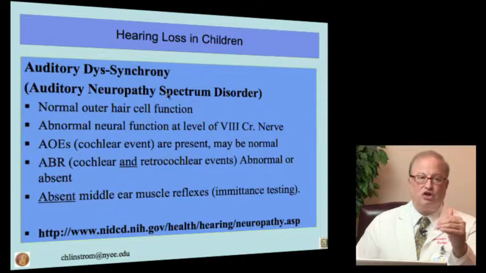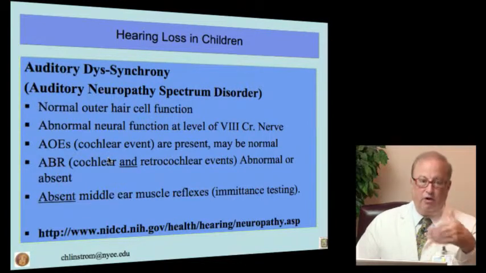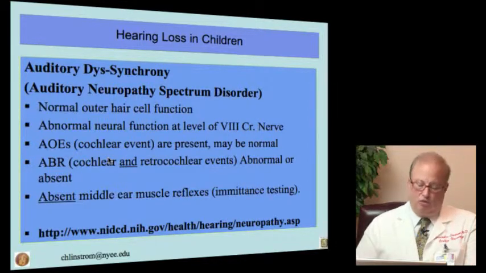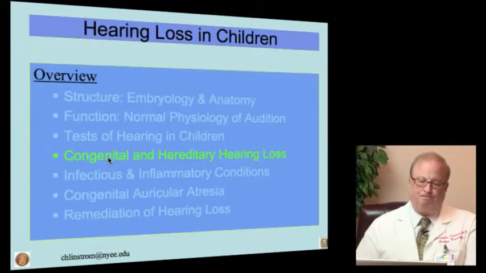Often the otoacoustic emissions are normal, but the ABR will be abnormal. So we know the representation of sound is not getting past the cochlea, and even though these children may have reasonable levels, they are not developing speech, they do not have word discrimination. Many of these children will go on to cochlear implantation.